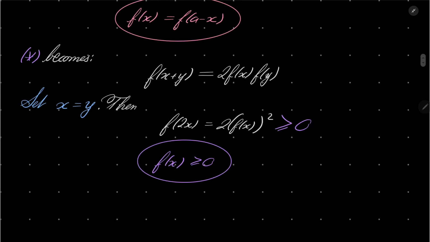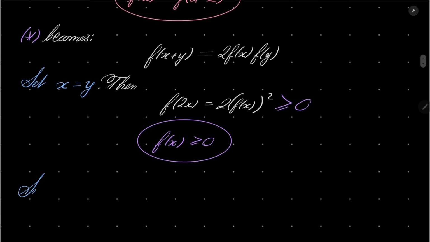Let's remember that. And finally, let's set y to be a minus x in our very first condition asterisk.